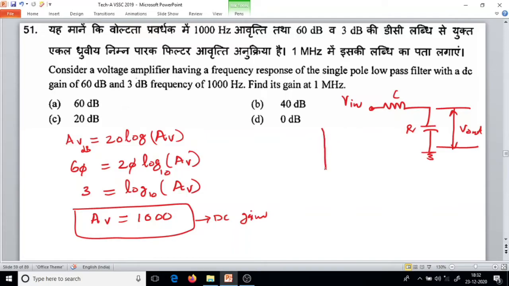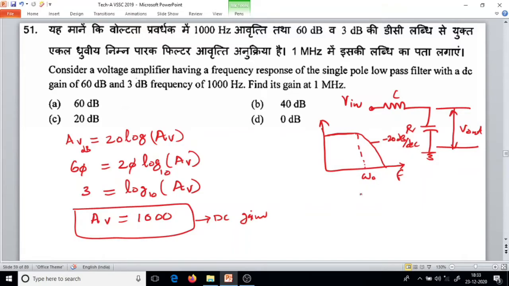Now, if we plot the low pass filter response against frequency, this is a passive filter, no? So there is no gain in this filter. After somewhere here, it starts dropping, and at this frequency it is 3 dB down. This is omega naught.